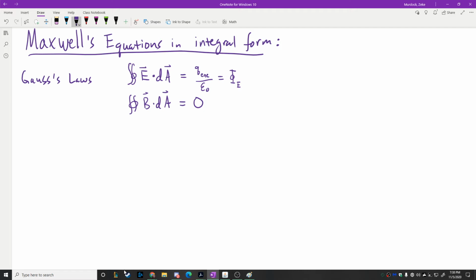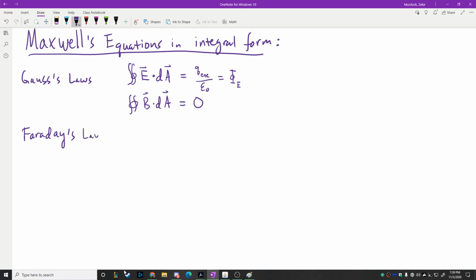Okay. And then we get Faraday's law, which just today we learned the full version of. Faraday's law tells us what happens when the flux changes, right? So Gauss's laws, if you'll notice what they do, they tell us just statically what flux is. Electric flux is related to charge. Magnetic flux is the same thing as B dot dA, but it's equal to 0 for a closed surface, right?